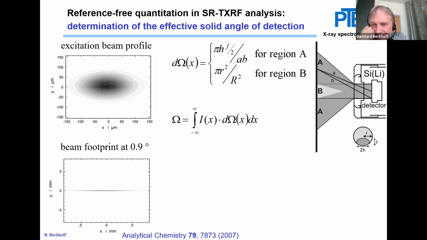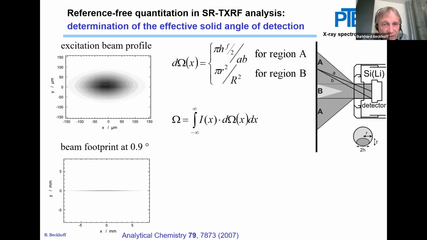So when you carefully analyze the collimator and active area of your detector, you see that you have a region B with a very high solid angle contribution, and a region A, which is partially reduced due to shadowing effect.